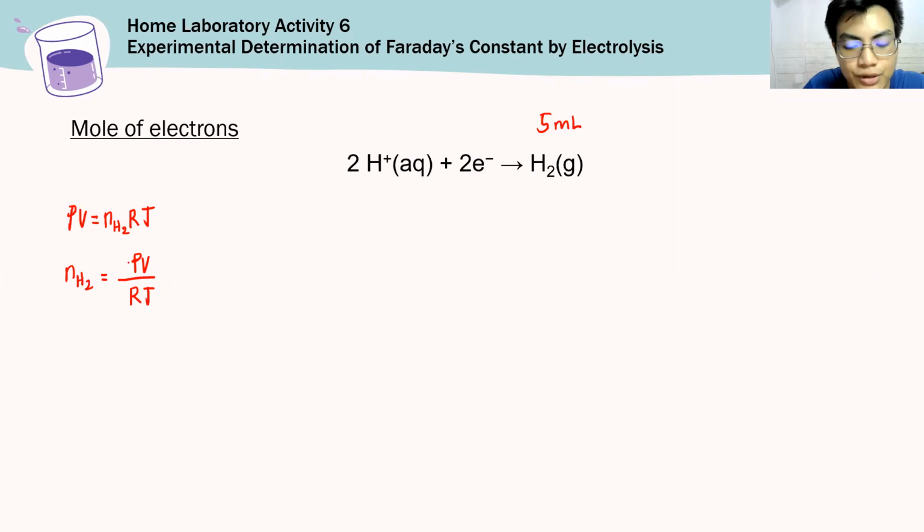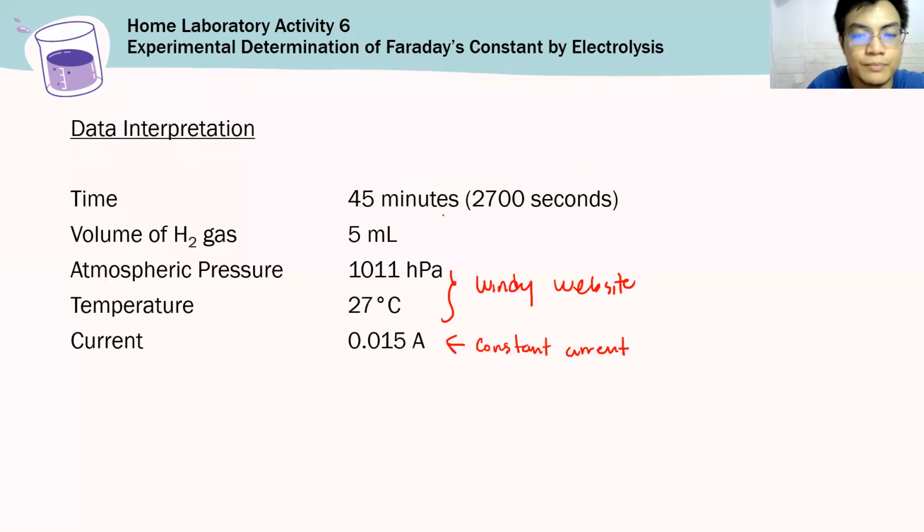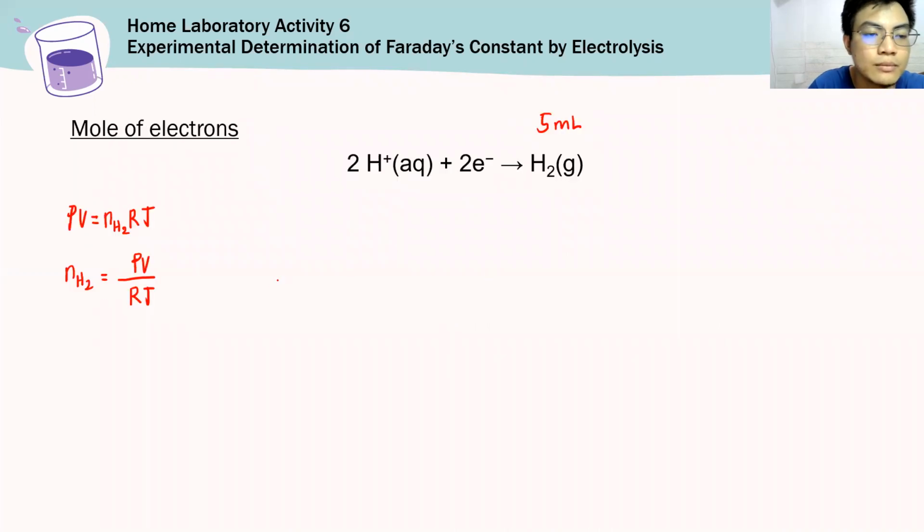For the pressure, I obtained it using the Windy website. And the volume, I measured it using my graduated cylinder. So this is the volume collected in the cathode compartment, the one with the most amount of air bubbles. R is the gas constant and T is the temperature.